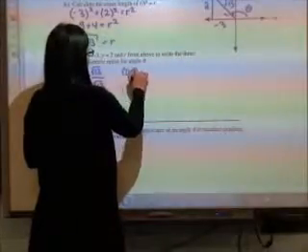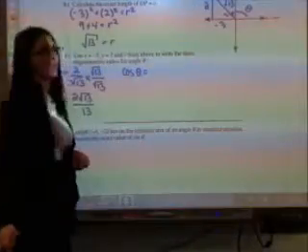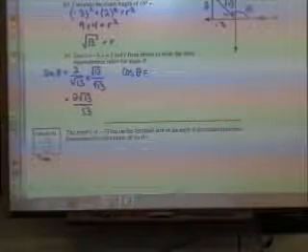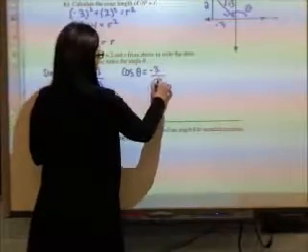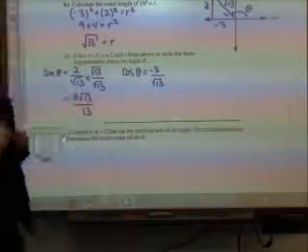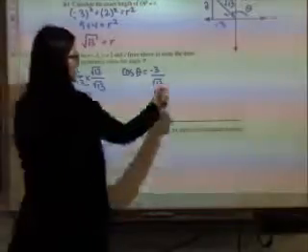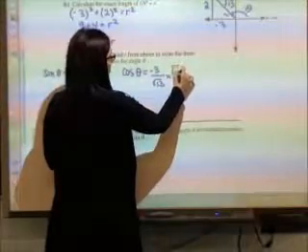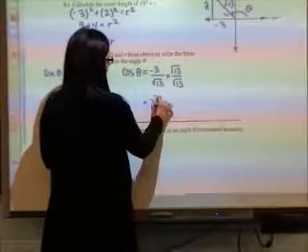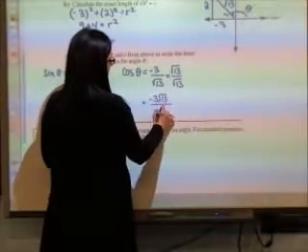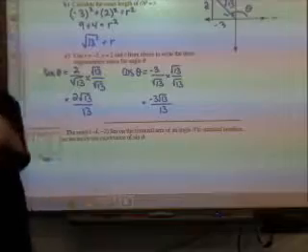Cos theta. What would cos theta equal? It would be negative 3 over root 13, and then I would rationalize the denominator. And I would get negative 3 root 13 over 13.